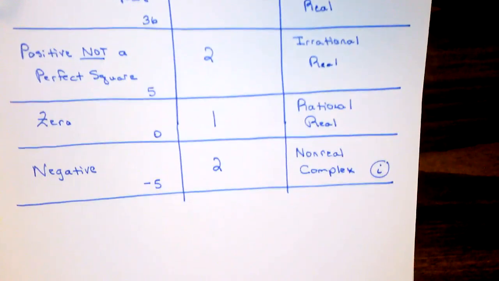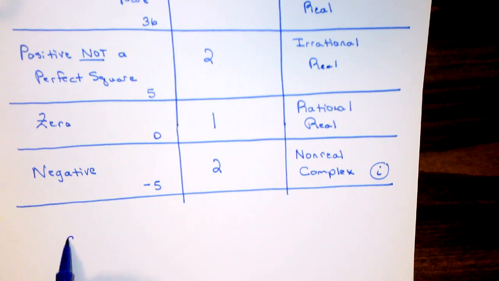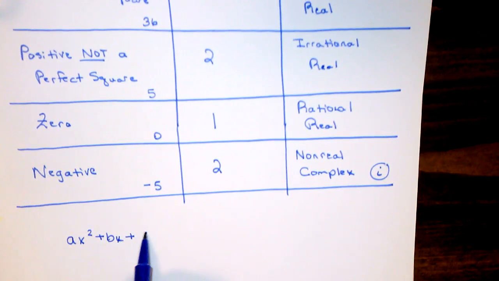Now, for the quadratic formula, you want to, first of all, set it equal to 0.